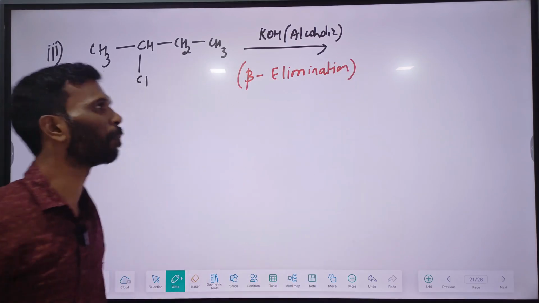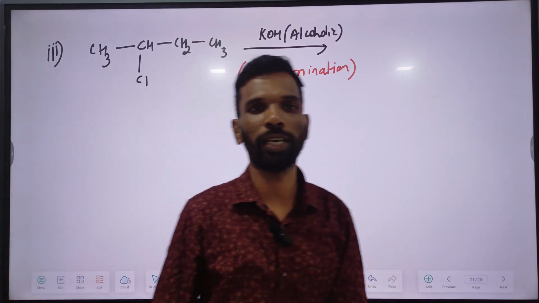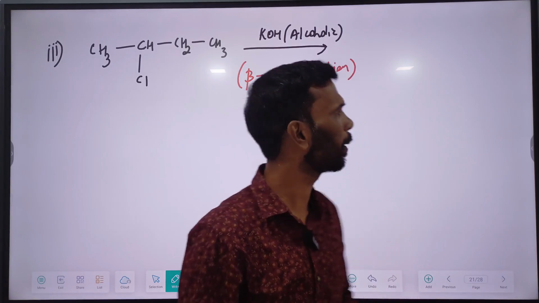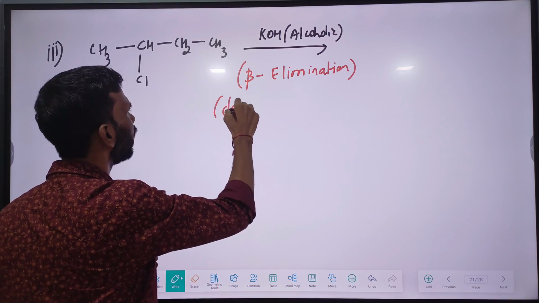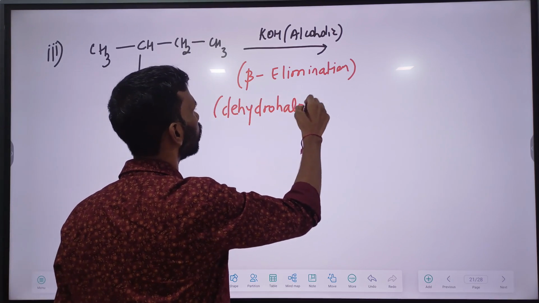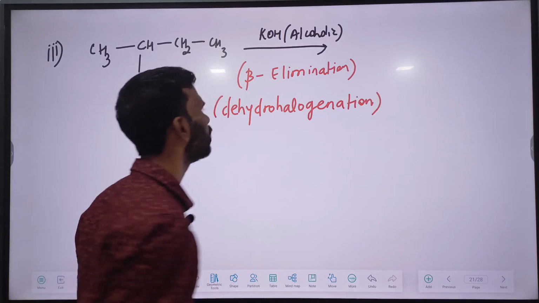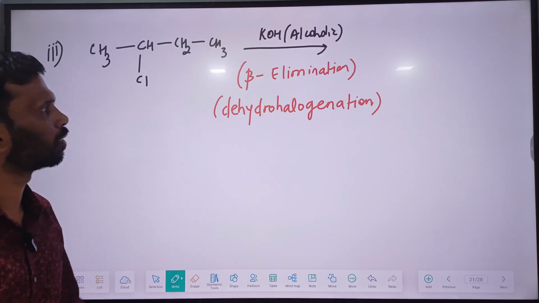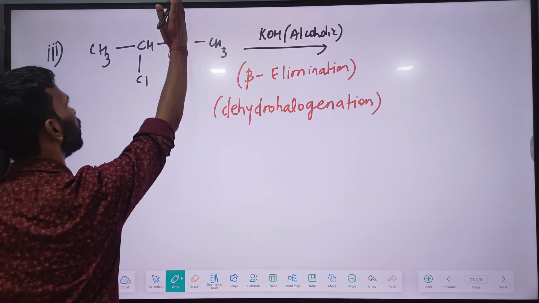First I'll explain what happens in this reaction, how to identify whether it is an addition reaction or a substitution reaction, as far as boards are concerned. This reaction is also known as dehydrohalogenation. Dehydrohalogenation means you are removing hydrogen, and you are also removing halogen. Elimination leads to the formation of the alkene.